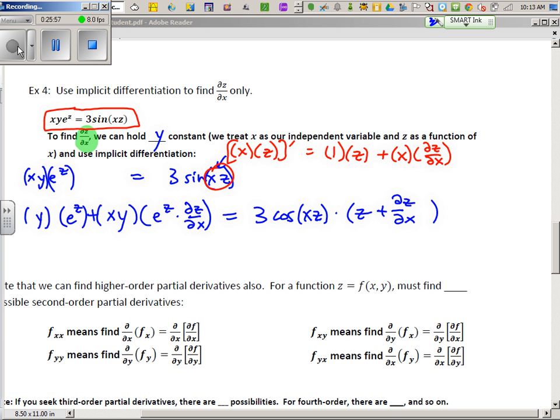Okay, now we have to isolate dz/dx, which is a matter of distributing, bringing all the terms out of dz/dx to one side, and then isolating by dividing. So I'm just going to write my final answer.